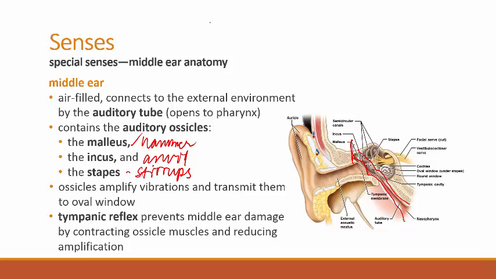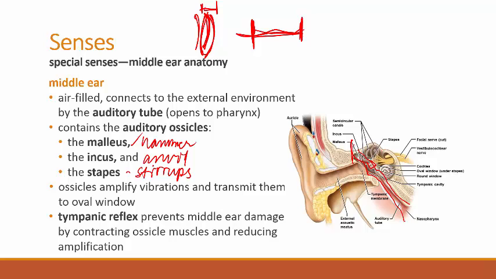So maybe the eardrum vibrates from out here to out here, but when the stapes vibrates, it may vibrate that much. The amplitude of the vibrations at the stapes is more significant, if that makes sense. And what the stapes vibrates against is a little area of membrane called the oval window.